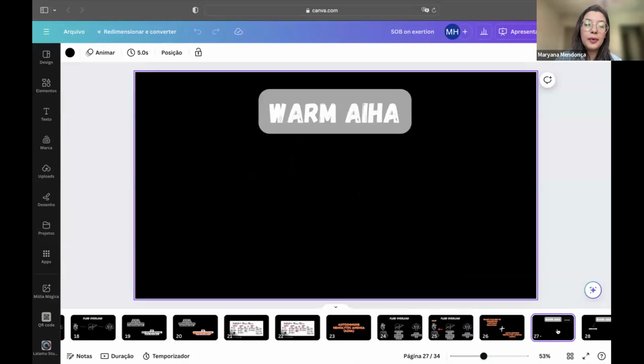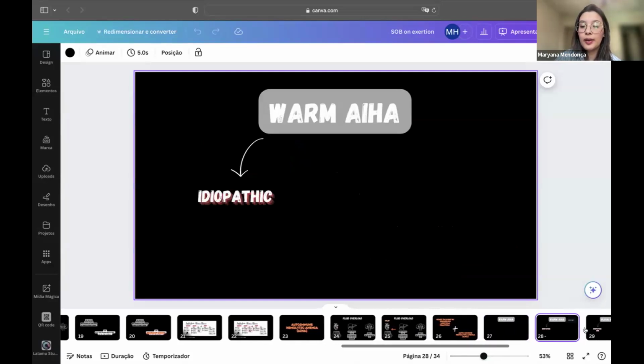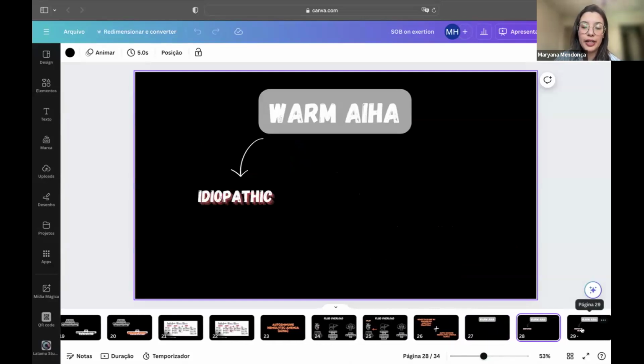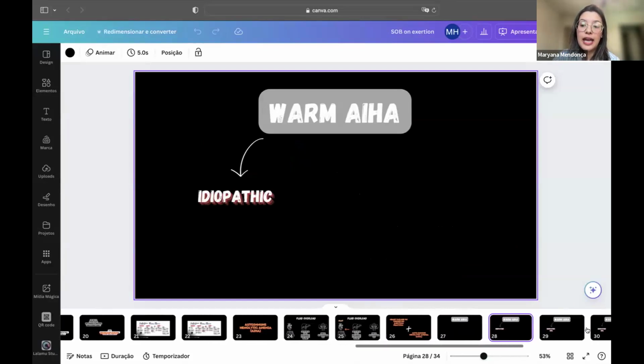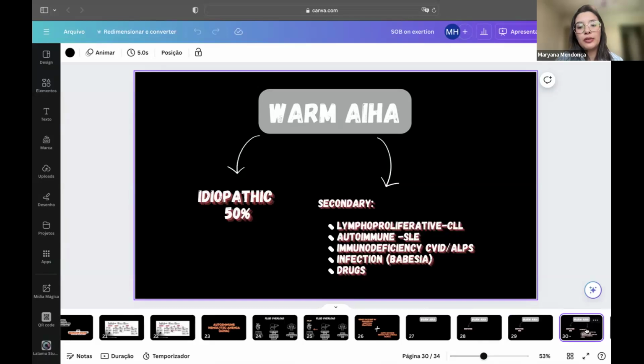So for warm AIHA, half of the patients would have autoimmune hemolytic anemia due to idiopathic causes, and the other half can happen due to lymphoproliferative disease or autoimmune conditions or even immunodeficiencies, infections, and drugs.